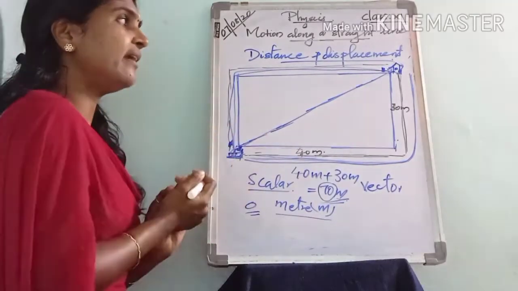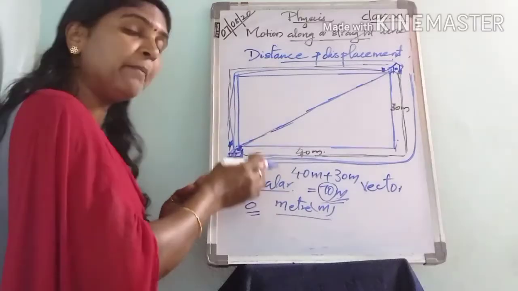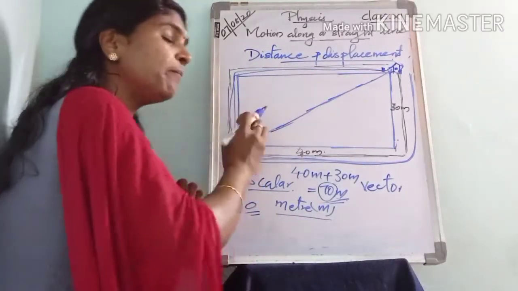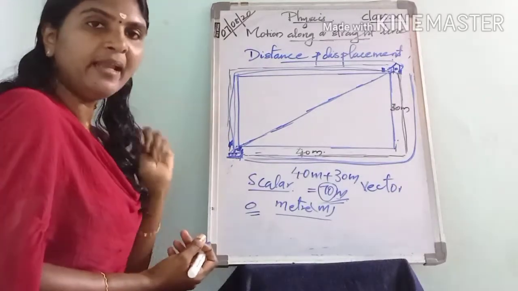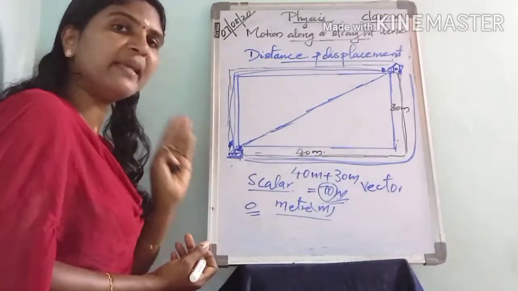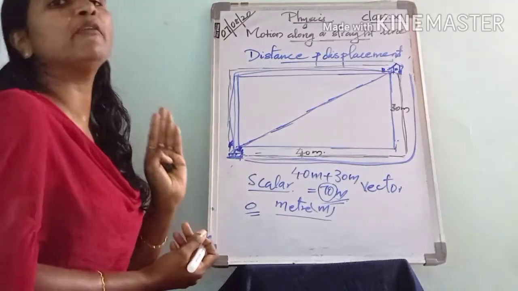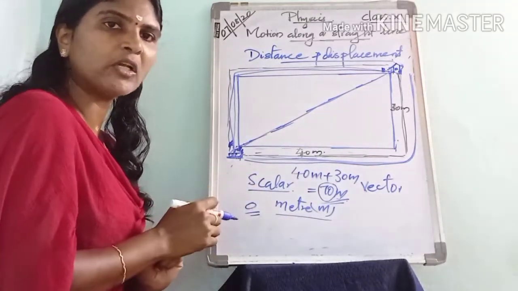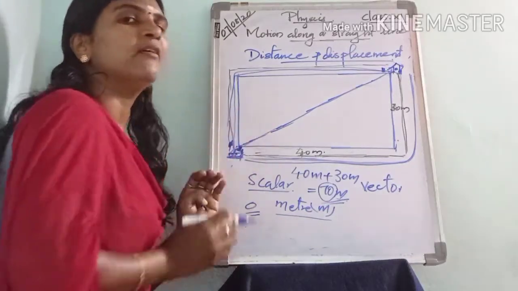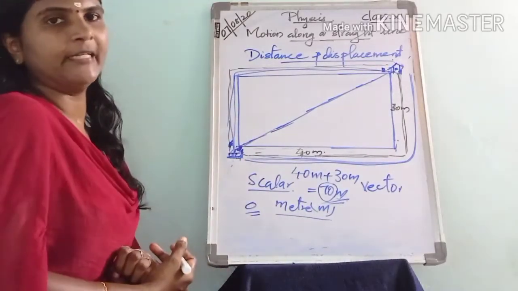So we can say the displacement can be 0, but the distance cannot be 0. The displacement can be 0 when the initial and final position coincide.